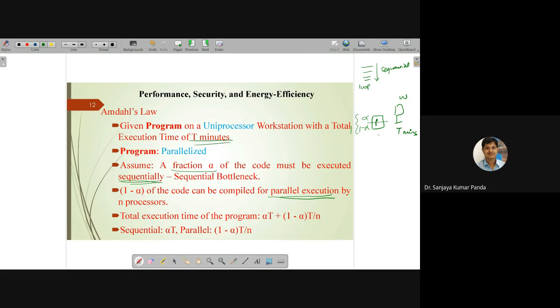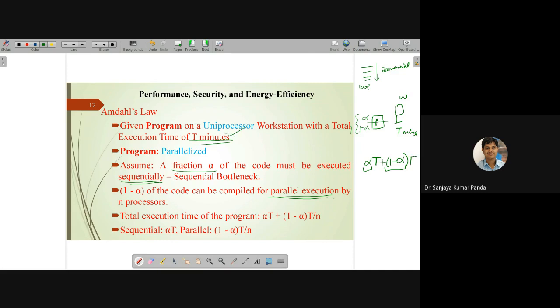So if you calculate the total execution time, for the sequential part it is alpha into t, and 1 minus alpha code is parallel. To execute this one, it is also t minutes of time.